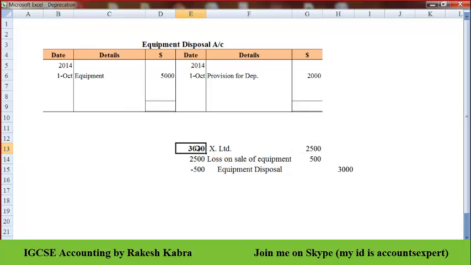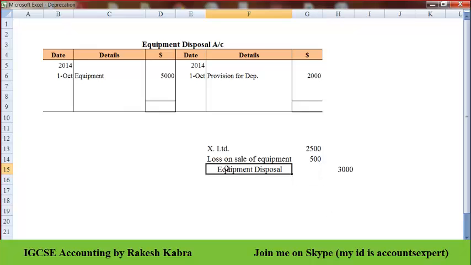Got it? So understood this entry? Accounts receivable is debited. This is a loss, so debit the loss account. And the asset is gone, so credit the equipment disposal account, a decrease in asset is a credit. But in place of crediting the equipment account, I will credit the equipment disposal account, with 3,000, the actual value.